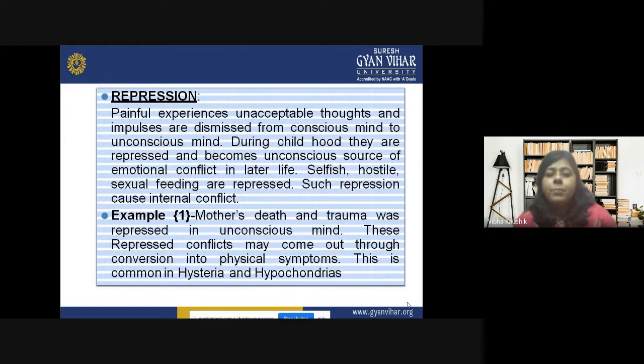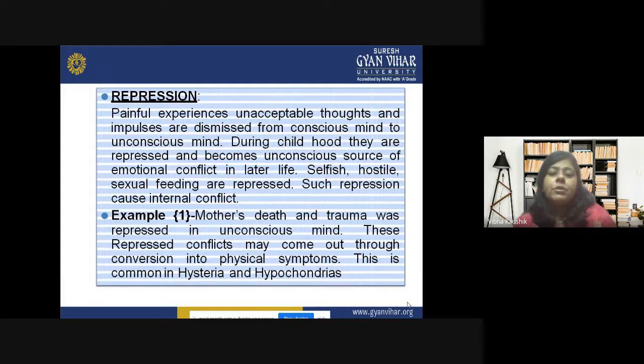Now the next is repression. Painful experiences, unacceptable thoughts that are not acceptable to that particular individual, and impulses are dismissed from the conscious mind to the unconscious mind.